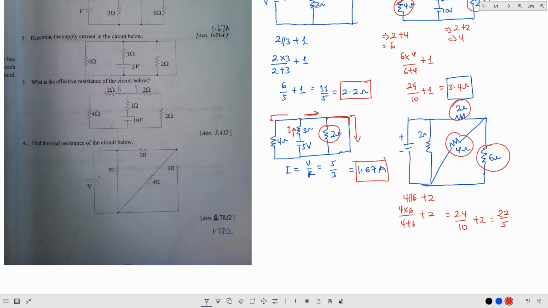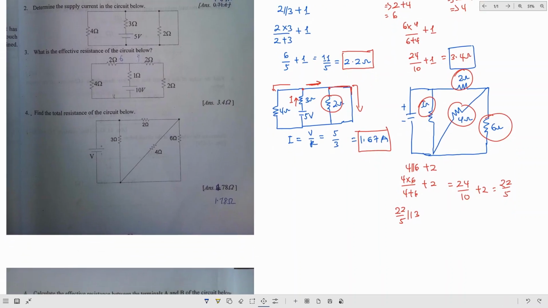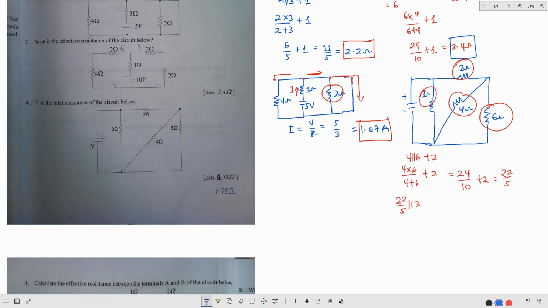And then this 22 on 5 ohms will be in a parallel connection with this 3 ohms here. So you're going to have 22 on 5 parallel 3. So we are going to have 22 on 5 times 3, divided by 22 on 5 plus 3.